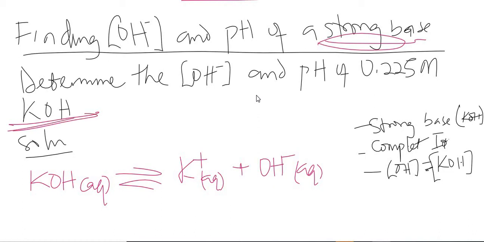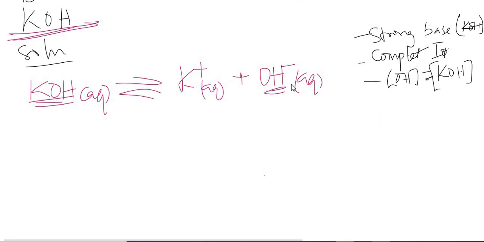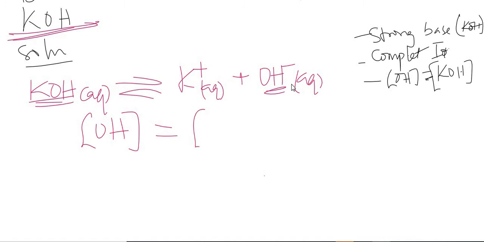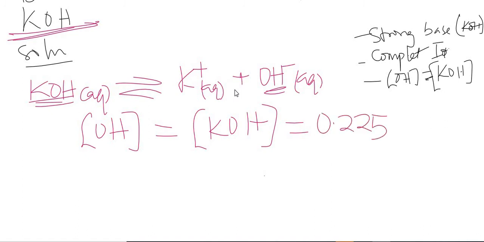Potassium hydroxide is a strong base, so there's complete ionization, and the hydroxide ion concentration is the same as the concentration of the base, which is 0.225 molar.